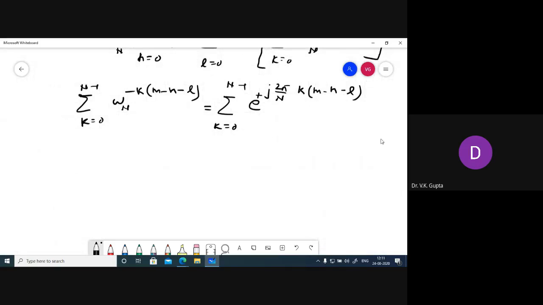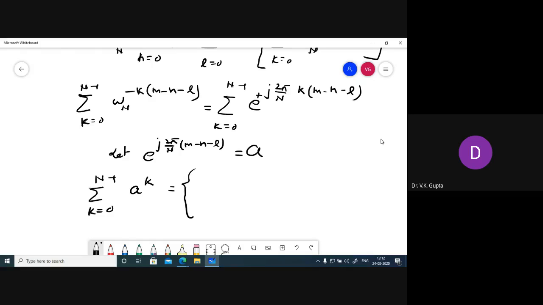Let this term, e to the power j2π by N (m minus n minus l), be equal to a. So this summation can be written as sigma k equal to 0 to N minus 1 of a to the power k. This is the sum of a finite series.